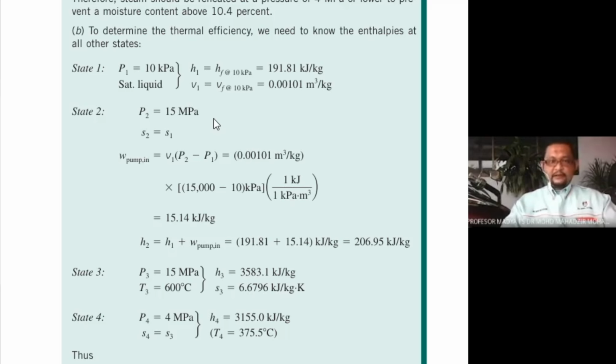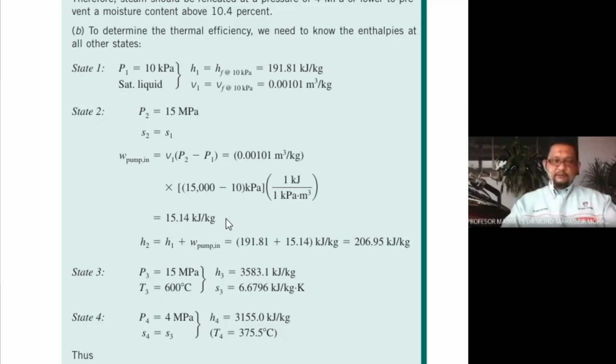So you know that it is an isentropic process at that device, that means the pump. So S2 is equal to S1. So using the pump formula, V delta P, put all the values that you know in here, and then you will get the pump work in for that process.